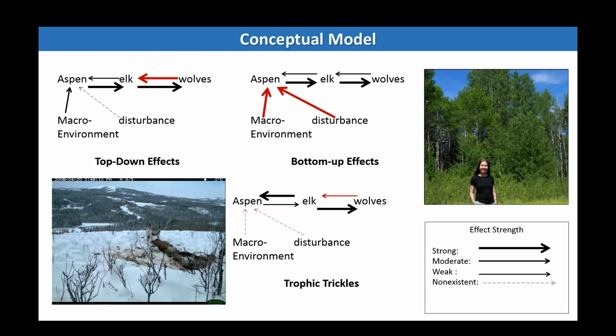And then I also looked at the trophic trickle model, which is actually a scientific term created by Post, I believe. That is when you have an apex predator, but it is not able to exert a strong top-down effect because of other interactions in that system.